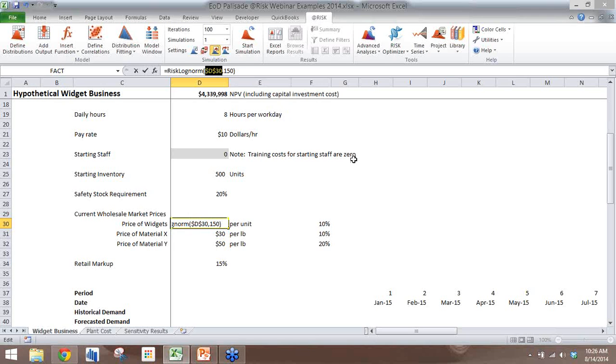And I'm also going to use my F4 command so that I can change the rows it's going to point to. I'm going to do the same thing and also point to cell D30.